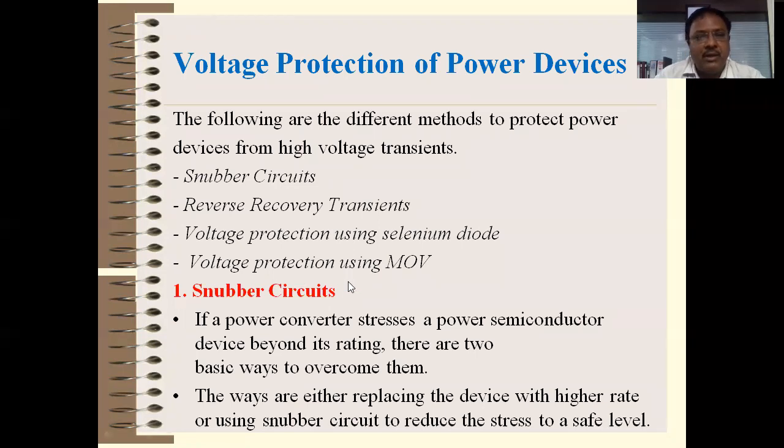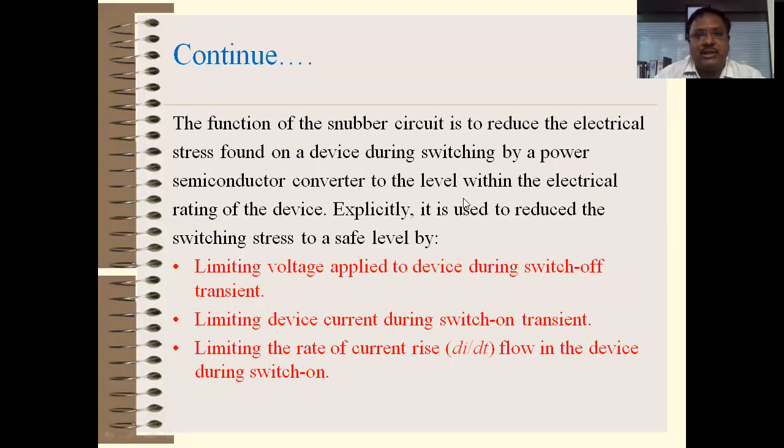High voltage transients are produced in different ways, as we already discussed in the last lecture: during turn on and turn off of the power devices, high voltage transients may generate. Even at the primary to secondary, if there is a turn on and turn off, some transient or high voltage spikes may generate, which may damage your devices.